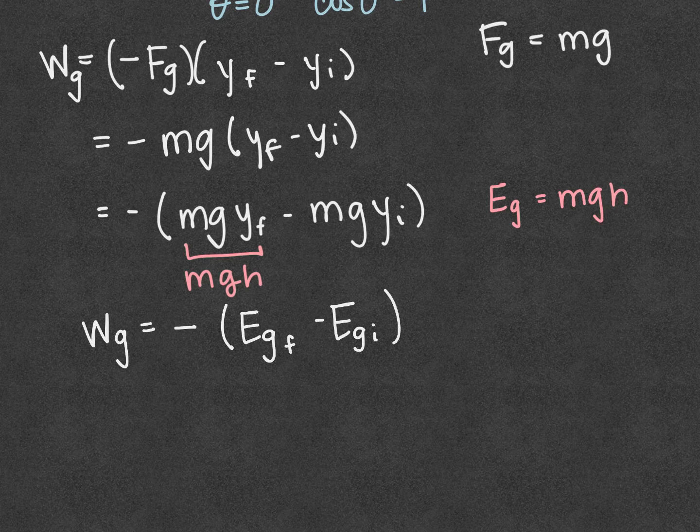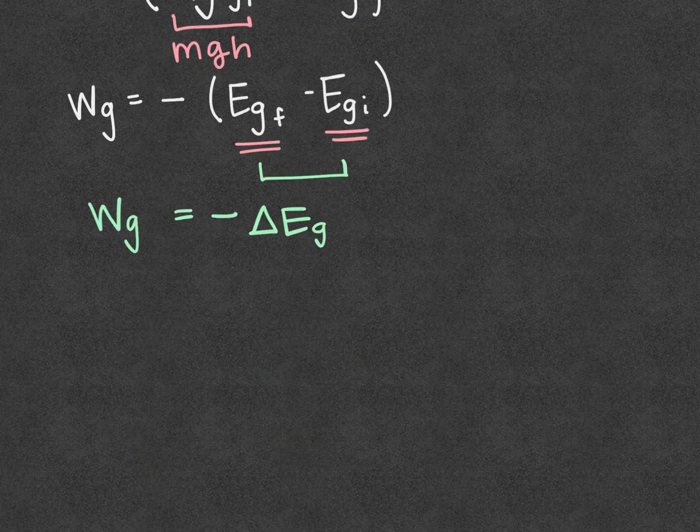So it will be the final gravitational energy minus the initial gravitational energy. Anytime you have a difference, that is a change. So we have a change in gravitational energy, but it's negative, and that is equal to the work done by the gravitational force. This means that the work done by the gravitational force causes a negative change in gravitational energy. Let's look at that in more detail.